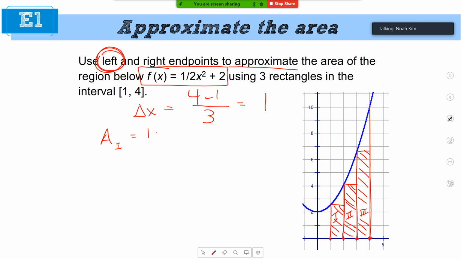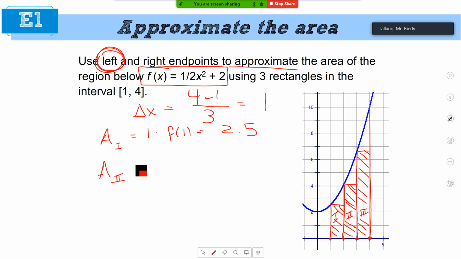Plug 1 into the function. Right. So it would be f of 1. f of 1 is 2.5, times 1 is 2.5. Don't approximate off the graph. Don't assume that the graph is drawn accurately. Get it off of the function itself.